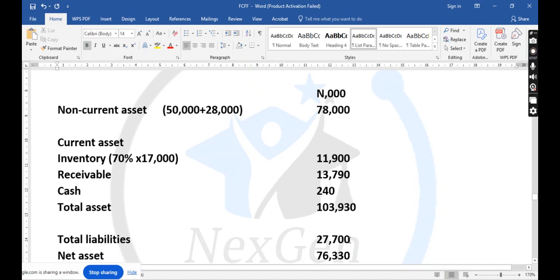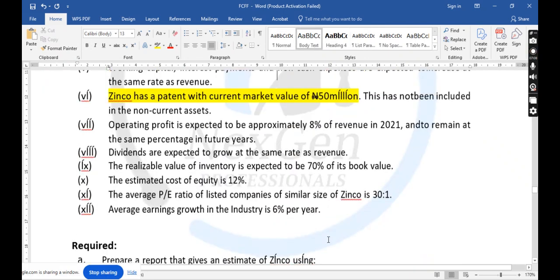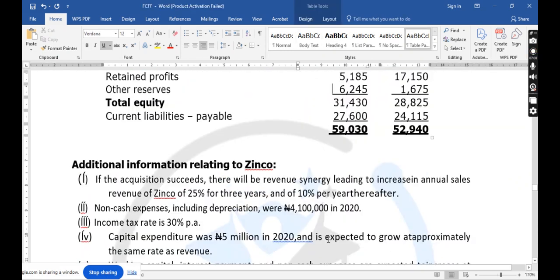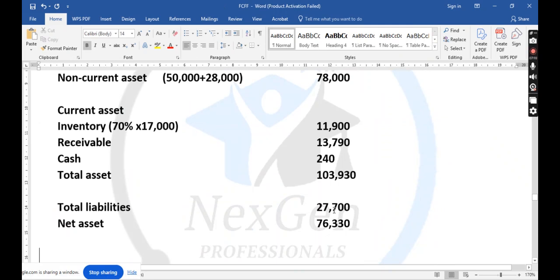Sorry, is it 27,700 or 27,600? Let me check. 27,600. Okay, 27,600. Thank you. So net asset is total asset minus total liability.